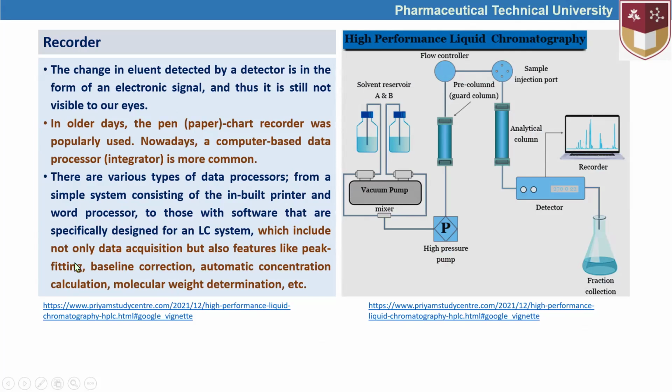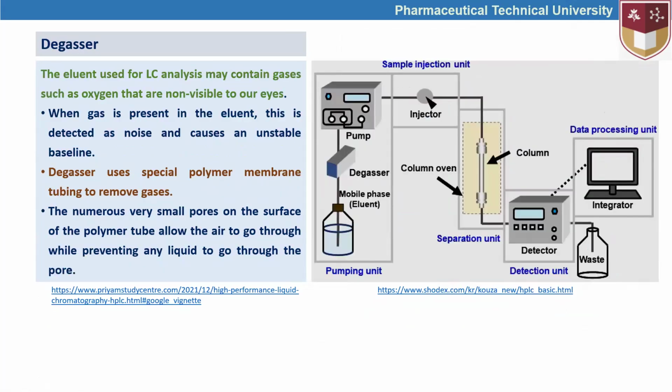They include not only data acquisition, but also features like peak fitting, baseline correction, automatic concentration calculation, and molecular weight determination, if they are linked to mass spectrometers. So these features can also be analyzed in the recorder or in the software of the tool.